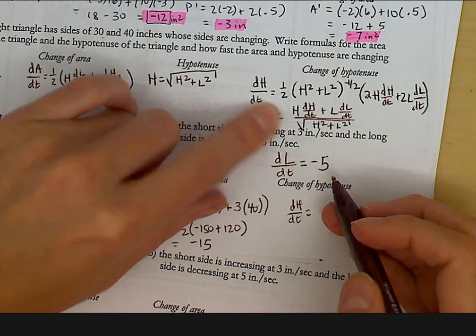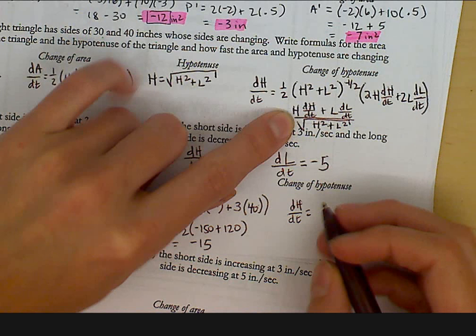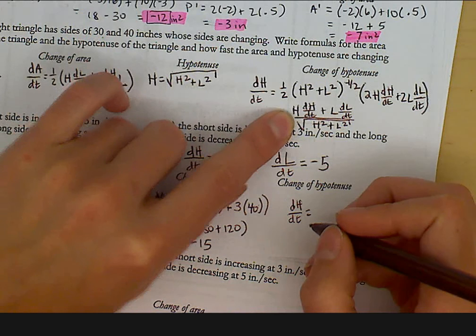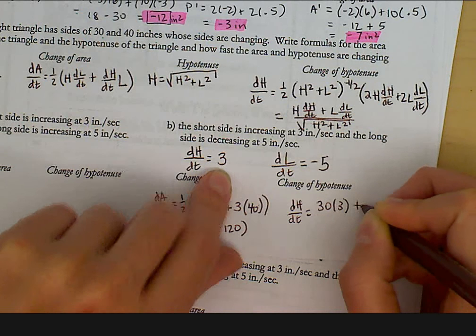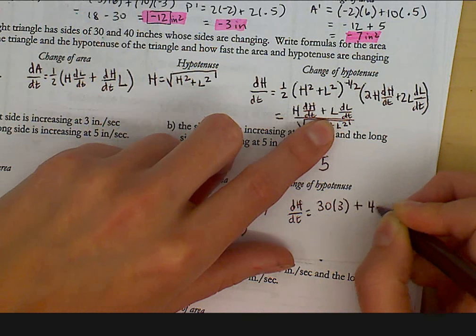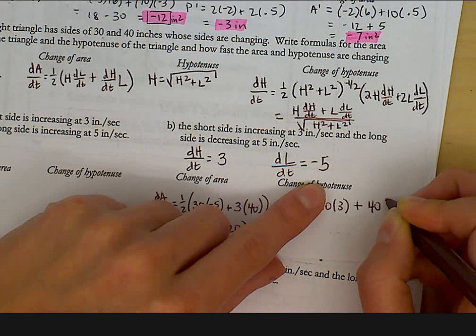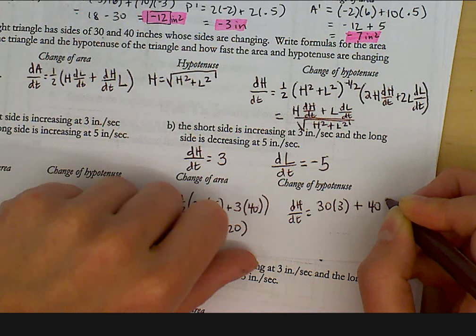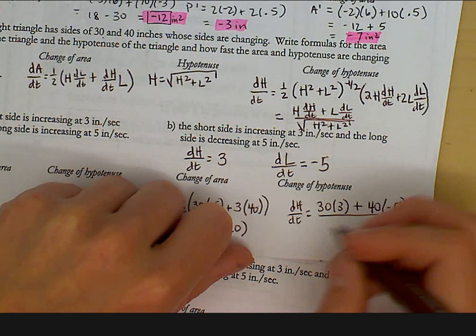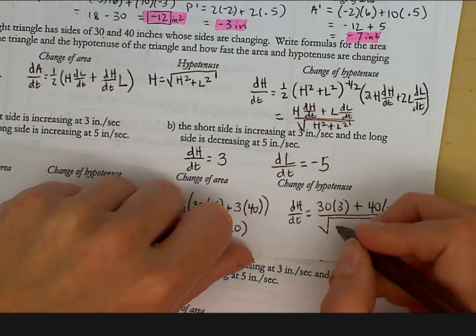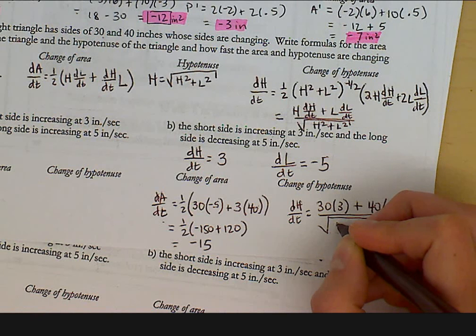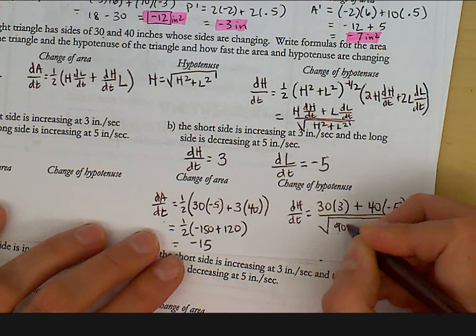So h is the short side, which is 30, times dH dt, which is 3, plus L, which is the long side, 40, times dL dt, -5, over the square root of h squared, which is 30 squared, so 900, plus 40 squared, which is 1600.